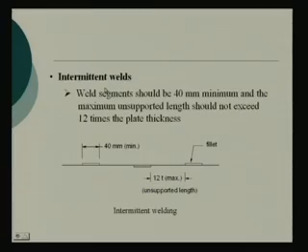Then there is another concept of intermittent welding. What basically is being done here is you are reducing the heat input, reducing the amount of heat going into the structure by staggering the weld. That means, instead of doing a continuous welding, I give intentional gaps between the welds.